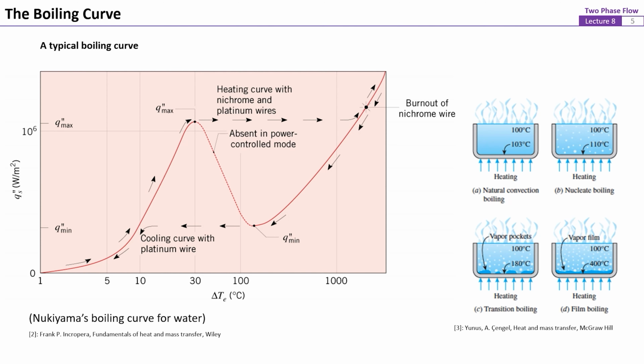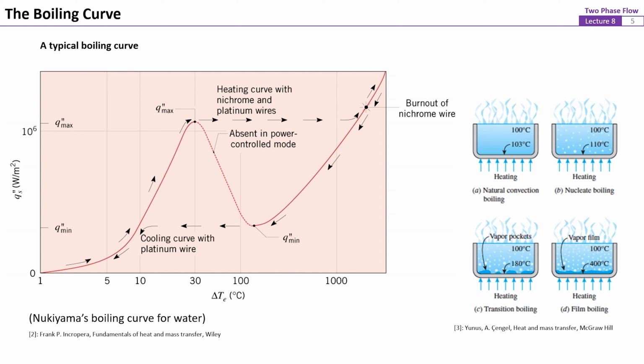The boiling curve reveals a range of conditions associated with saturated pool boiling. The vertical axis is the heat flux from the heated surface to the working fluid, and the horizontal axis is the excess temperature as defined previously.